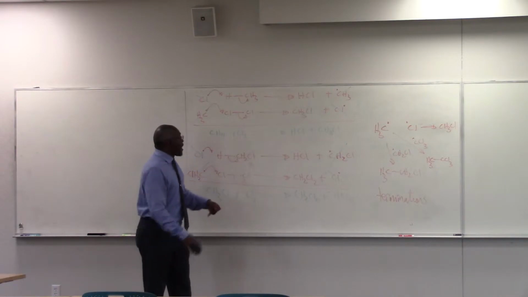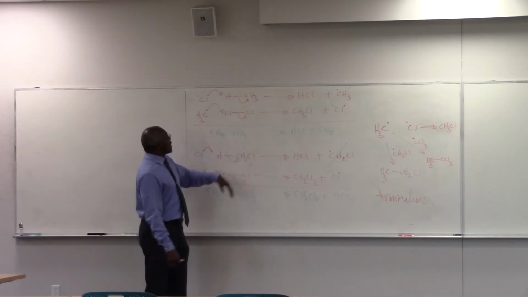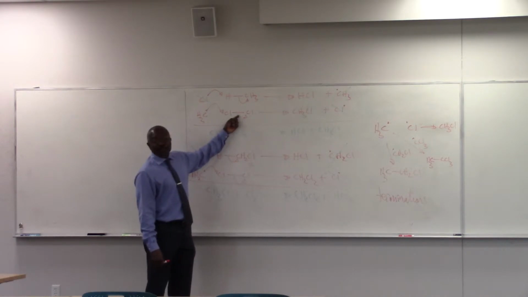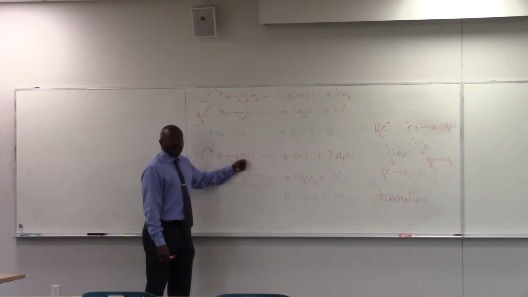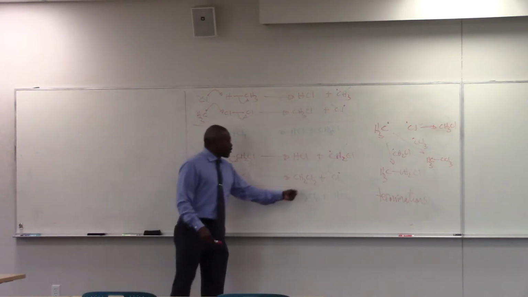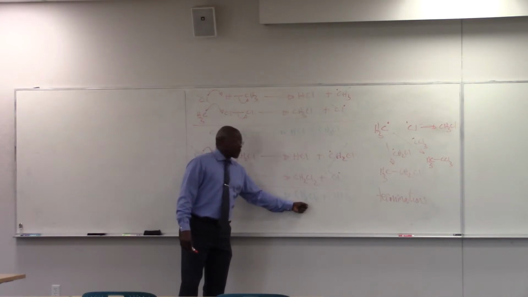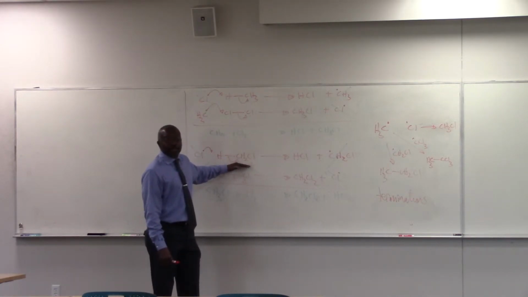In other words, I'm going to start off with 1 trillion molecules of this, and maybe 1 billion molecules of those. So the concentration of this is always so much higher than the concentration of that, so that the concentration of dichloromethane never rises to the level where it threatens monochloromethane.